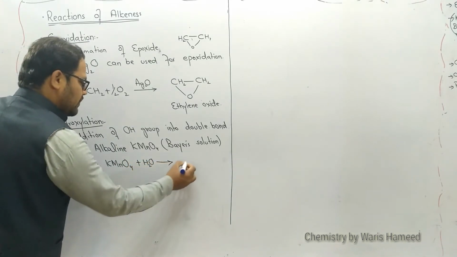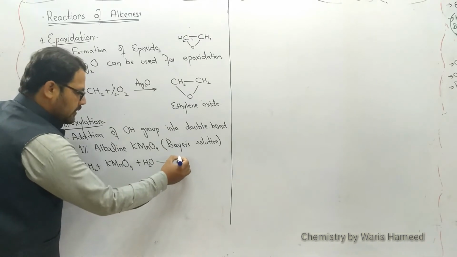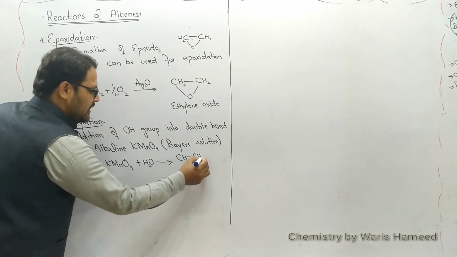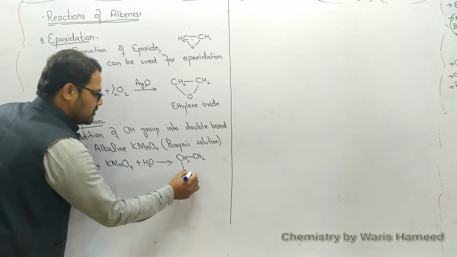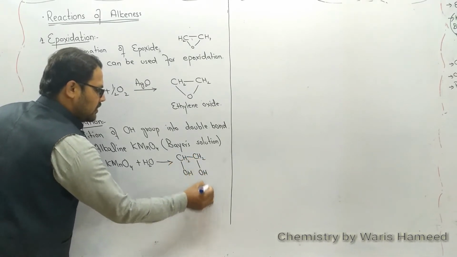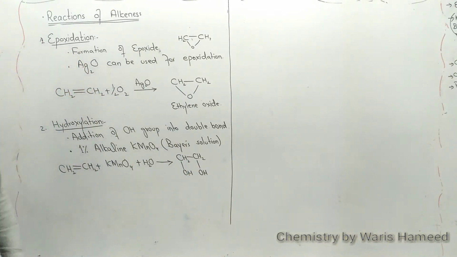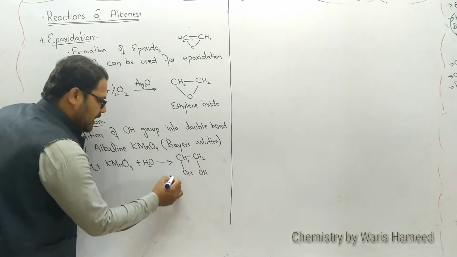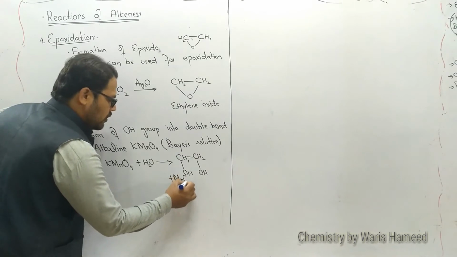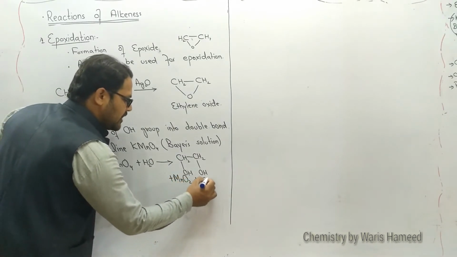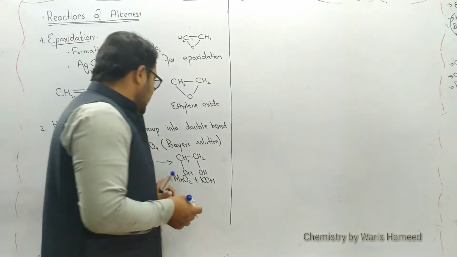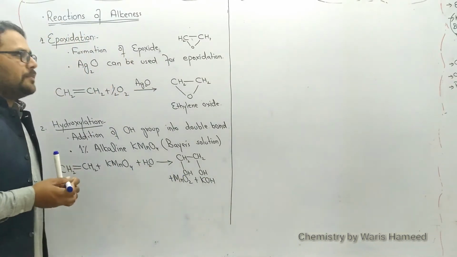And ethene will convert into diol, CH2 single bond CH2, here is hydroxyl and here is hydroxyl, and there will be the formation of MnO2 and potassium hydroxide, KOH. You can balance this equation by multiplying with suitable numbers.